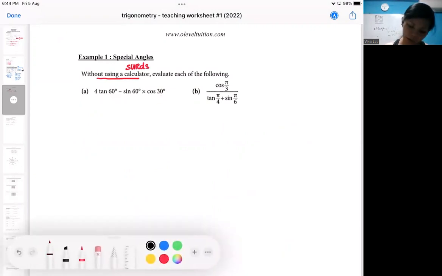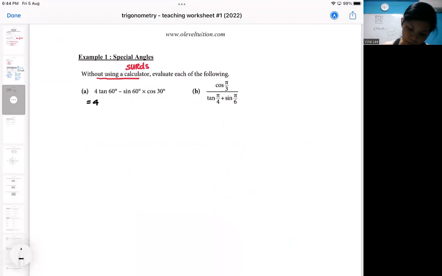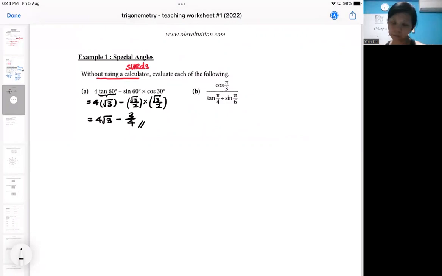So like for this question, what is the surd for sine 60? Okay, that is root 3 over 2. So after you replace it, it's more like doing it in surds. So whatever you learn in surds is back here. And that's it. That's the answer.